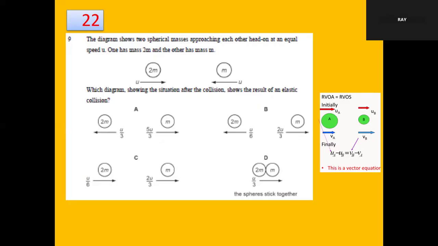One has a mass 2m, the other has a mass m. Which diagram showing the situation after collision shows the result of the elastic collision? It's either D or C. Not A, not B. You must always be sure. I think it's D. Usually, they won't force you to try all of them.